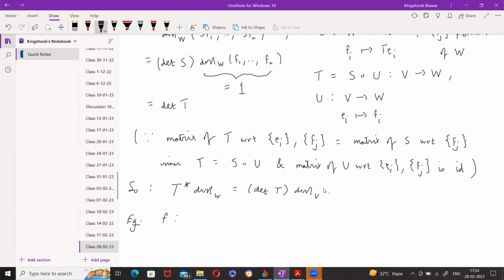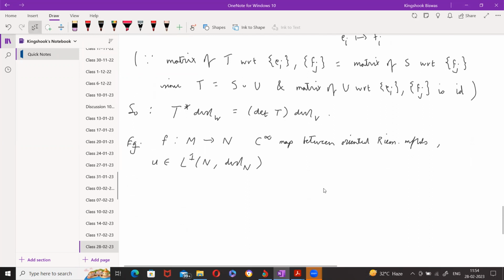So for example, if you have F, a smooth map between oriented Riemannian manifolds M and N, and if I take u to be an L1 function on N with respect to the volume measure dvol_N. So the volume form of N gives you a volume measure, which you get by integrating the volume form over open sets.